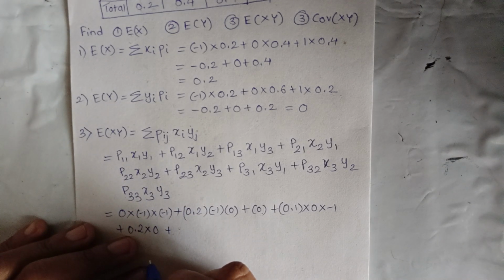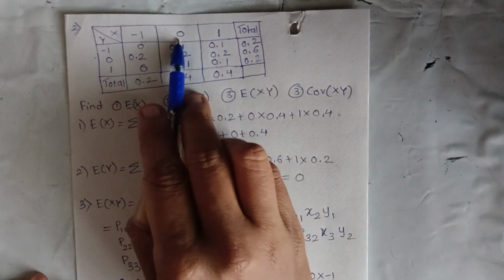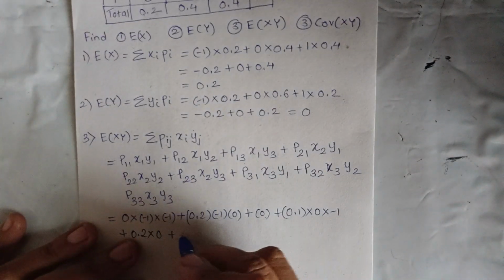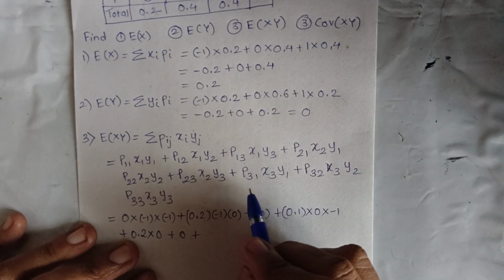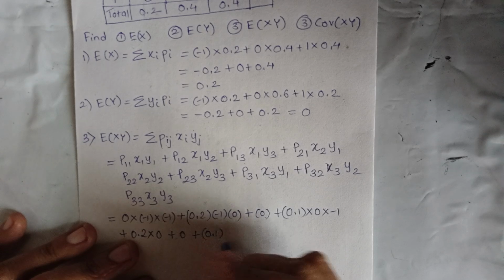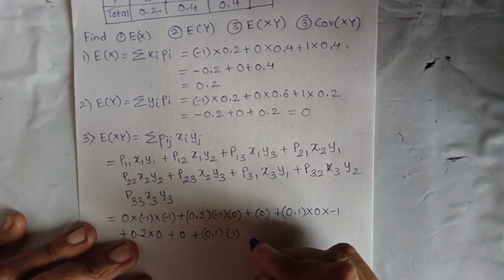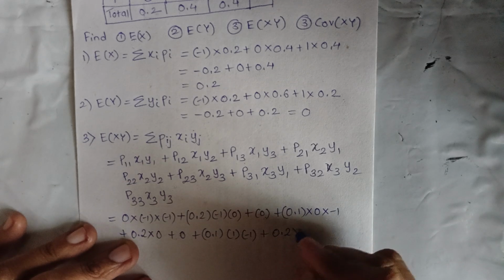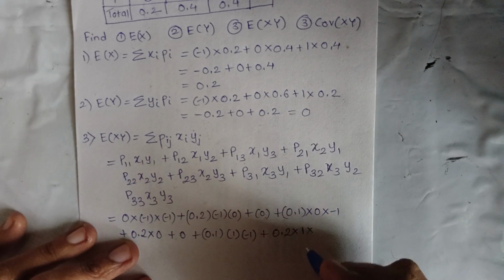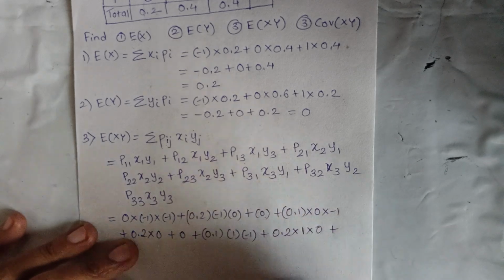And as x2 is 0, all the values with x2 will be 0. Next one is also 0. P of 3, 1. So x is 3, y is 1, 0.1. x is 1, y is minus 1. Then P of 3, 2. X is 3, y is 2, 0. So this will be also 0.